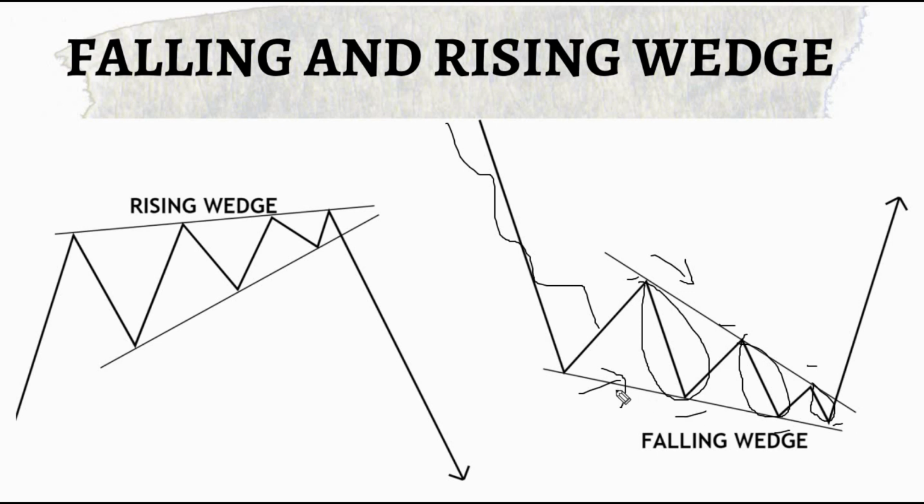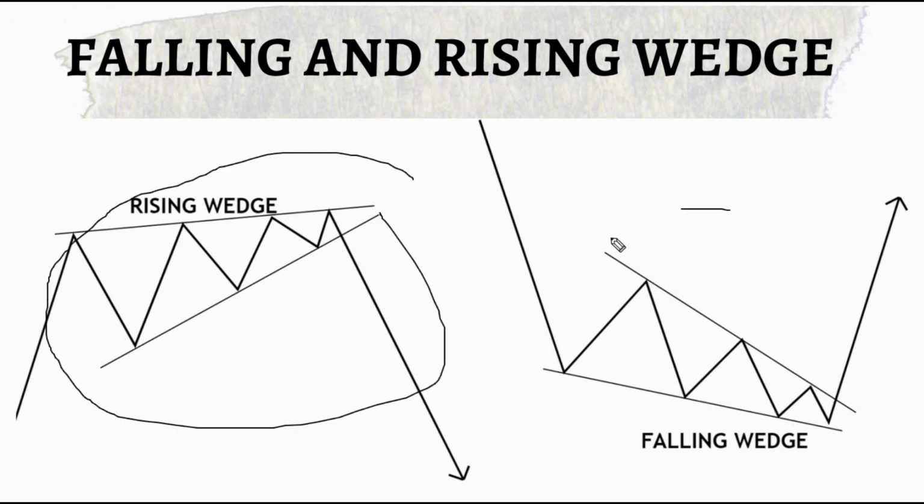But the momentum of the selling is gradually becoming weaker because the selling legs are getting shorter and shorter in this downtrend. So we could look for a potential trend reversal trade setup to find a very low risk, high reward trading opportunity in the markets. These are the pictorial representations of what a rising and falling wedge looks like.